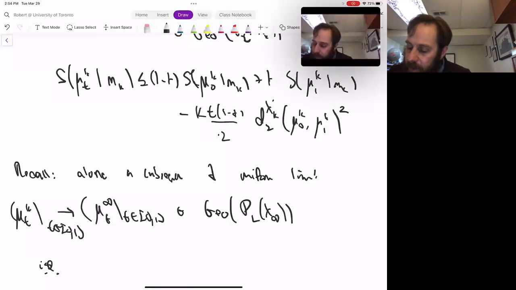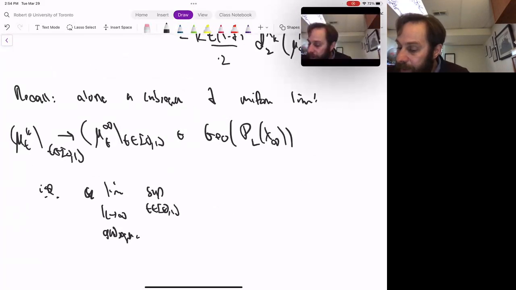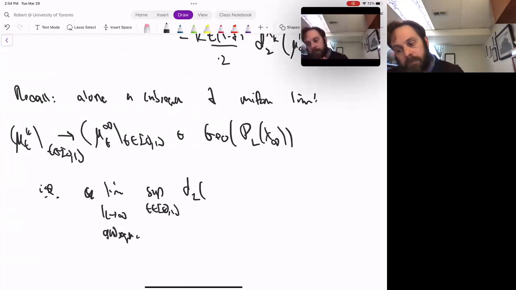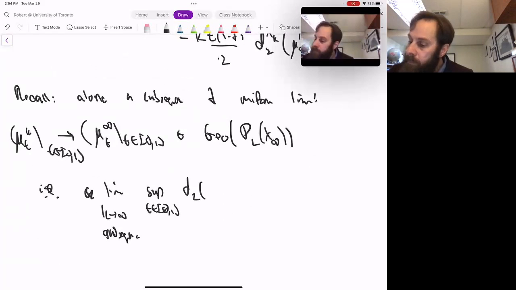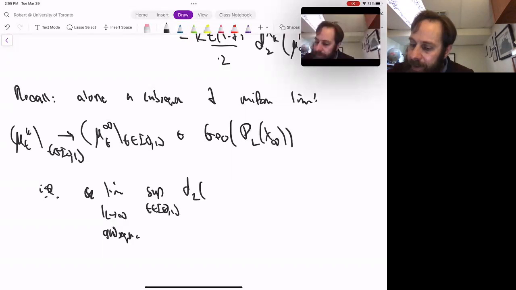It means that the limit as k goes to infinity along the subsequence in question of the supremum as t goes from 0 to 1 of the d2 distance between, I think it's F_k.